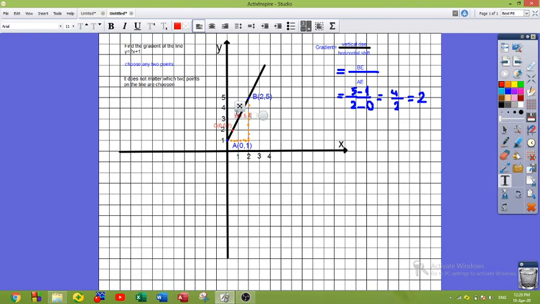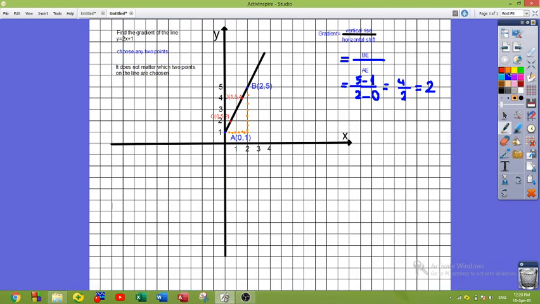Now let's evaluate the gradient for this one. As you see, we will have an intersection for evaluating the rise and run.